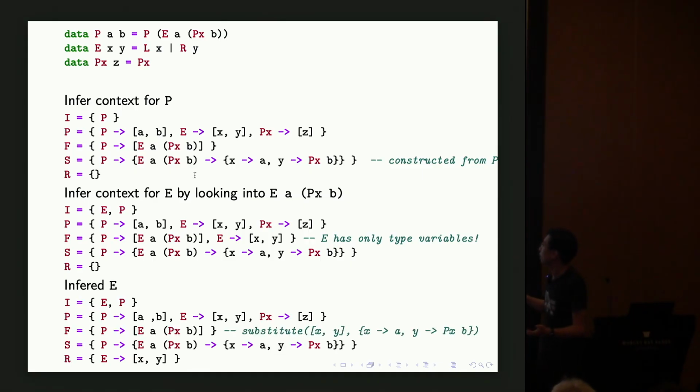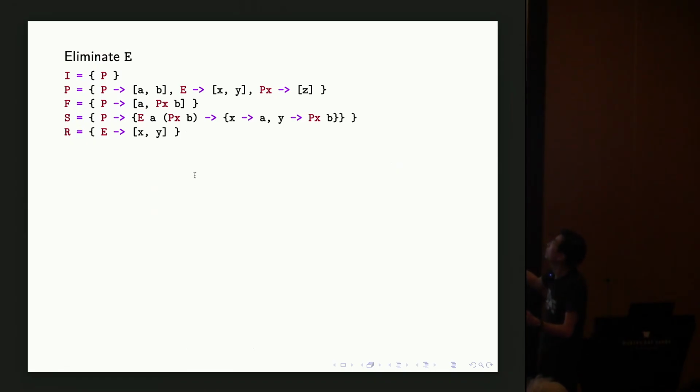And now what do we do? We can substitute. We already know the context fields of E. Then we can substitute the fields of E with this substitution. In this way, we eliminate E in this F for P. So we have A and PXB here.